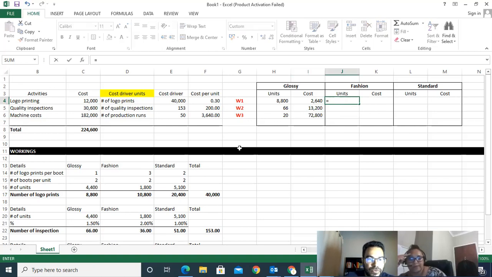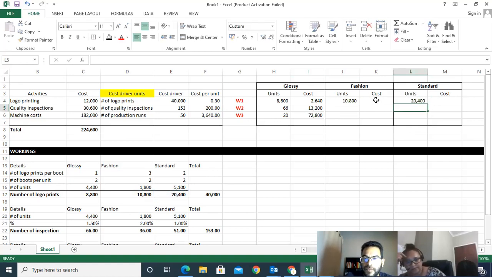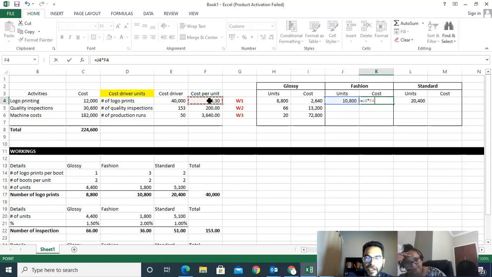And then over here, we'll do the same. So here is going to be 10,800. Over there is going to be 20,400. So what's it going to be? 10,800, the number of units or cost driver, multiplied by cost per driver.